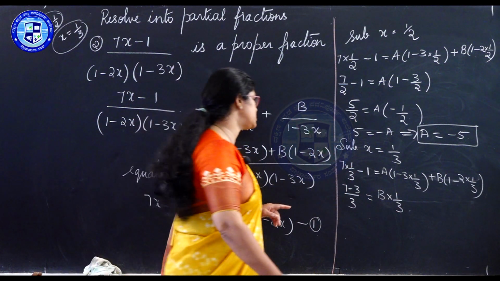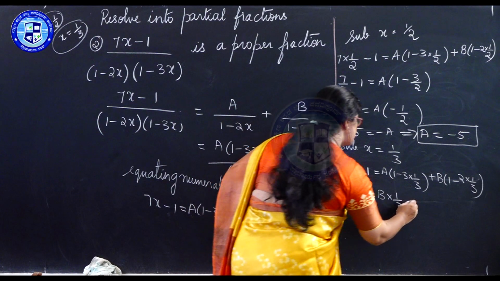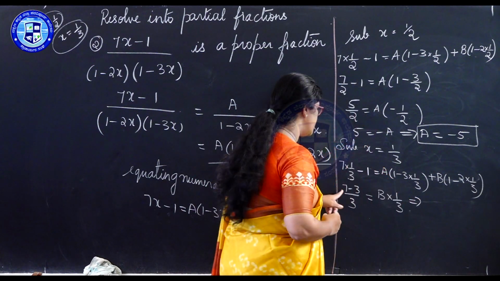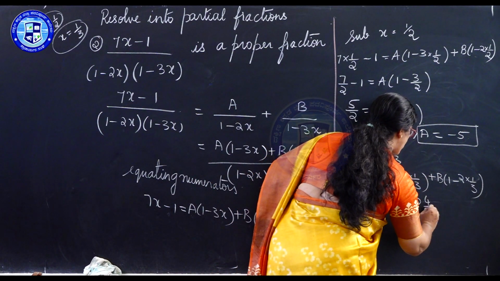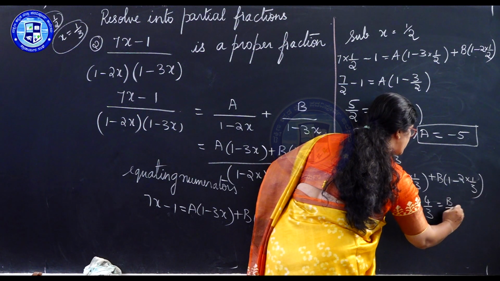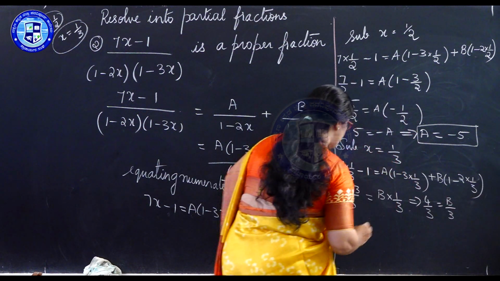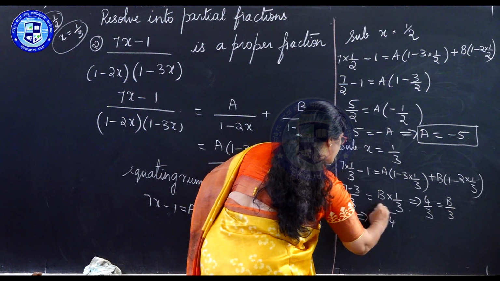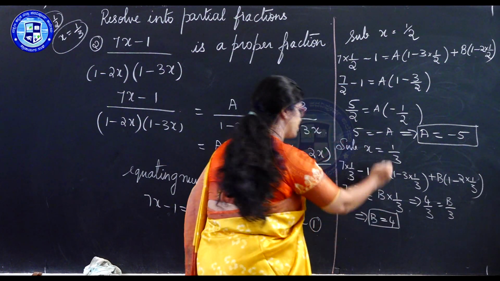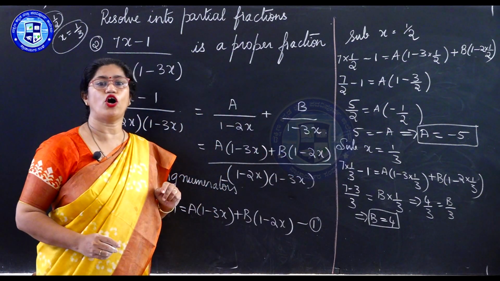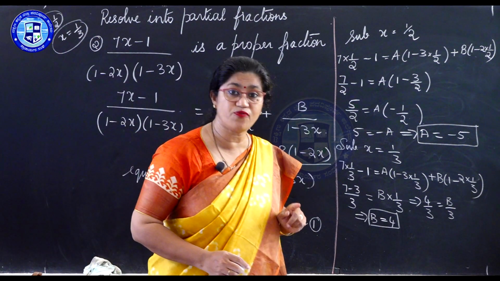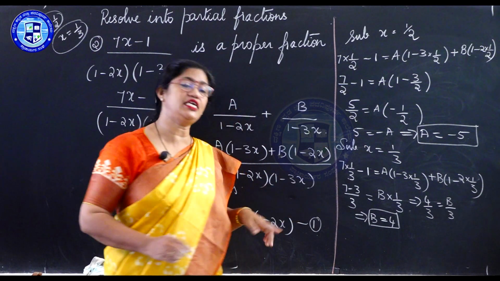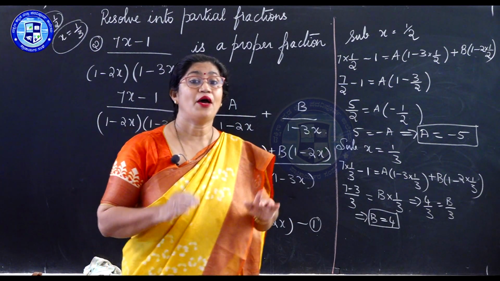So 7 minus 3 is 4. 4 by 3 is equal to b by 3, or from there you are getting b is equal to 4. So now you got a is minus 5 and b is equal to 4.